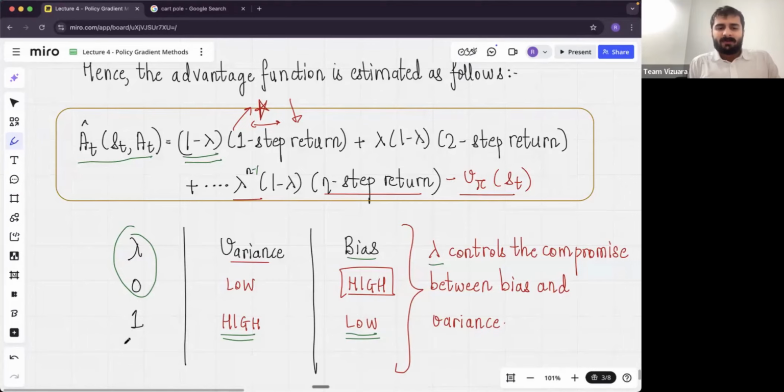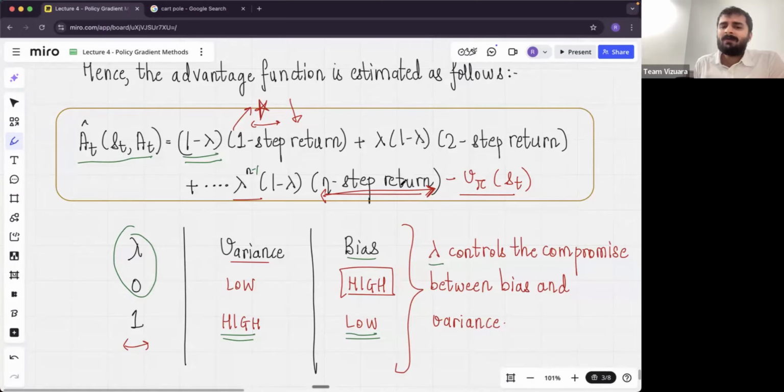On the other hand, if I choose lambda equal to 1, then I am essentially focusing on an n step return, which is I am adding the return from all the steps which I am encountering. So in this case, my variance is going to be very high.